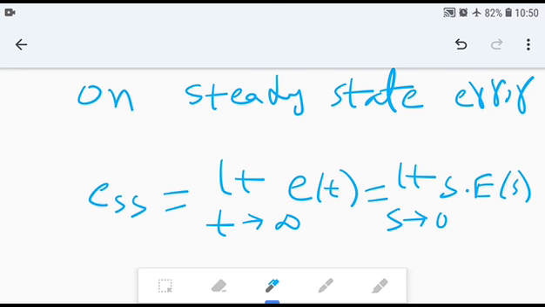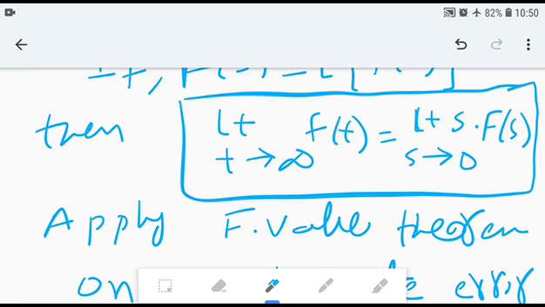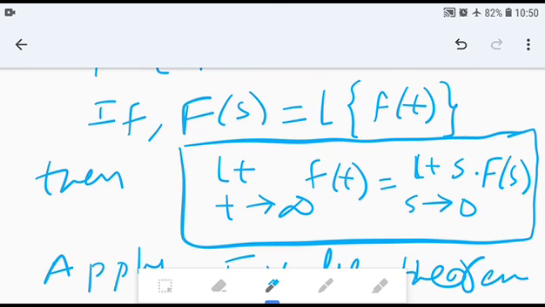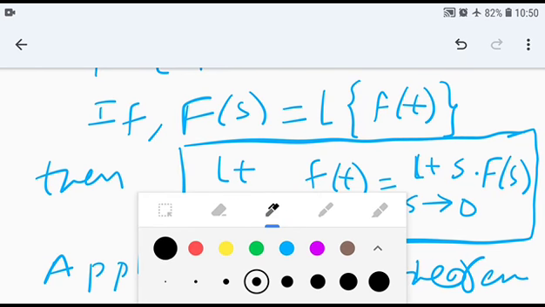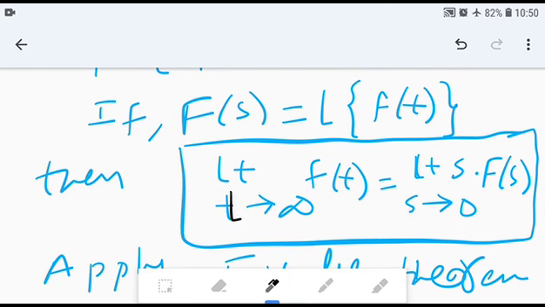So in place of E of s, earlier we had F of s. For the general case, you can see here we have limit t tends to infinity f of t, which gives limit s tends to 0, s into F of s. So in place of f of t, we have taken E of t, and in place of F of s, we have taken E of s.